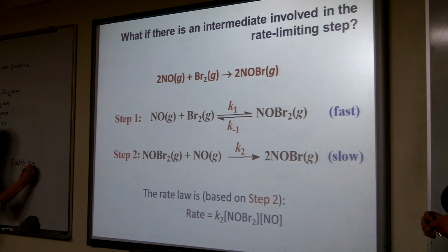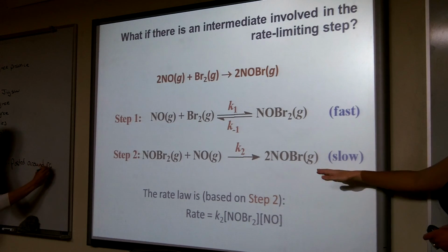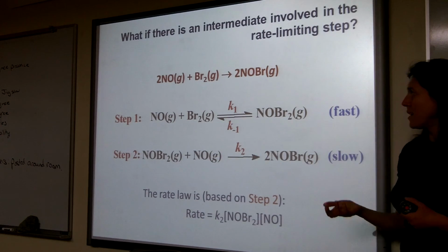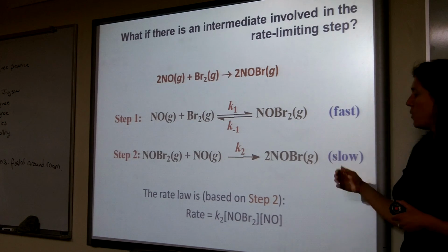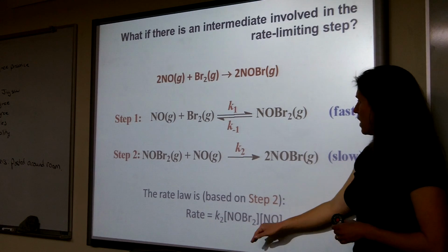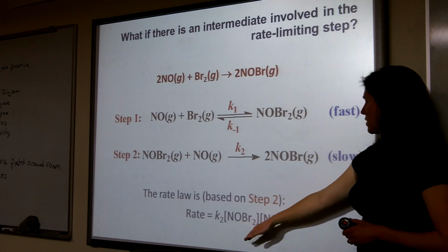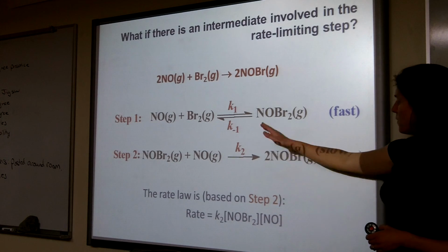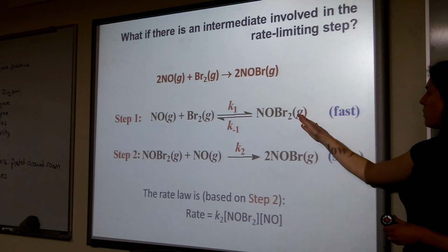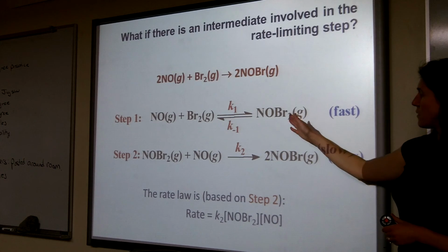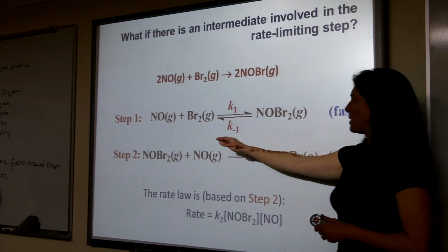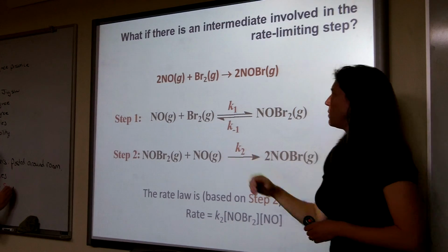If there's an intermediate involved in the rate limiting step, let's say my slow step is the second step, it involves NOBr2. NOBr2 is not a reactant, it's actually an intermediate. Initially you'd want to say that my rate is k[NOBr2][NO]. But since NOBr2 is an intermediate, I'm going to go back and ask where that came from. I notice in this first step, a fast equilibrium step, that my NOBr2 is being formed from one NO and one Br2.